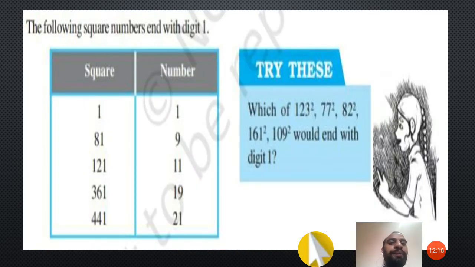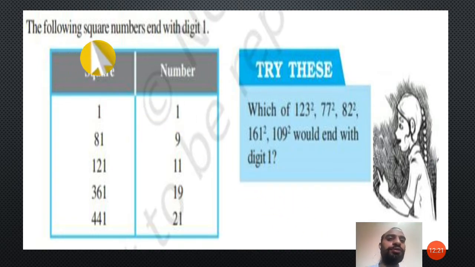Following squares end with 1. 1 times 1 is 1. 9 times 9 is 81. 11 times 11 is 121. 19 times 19 is 361. 21 times 21 is 441.